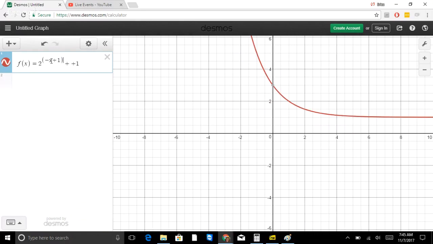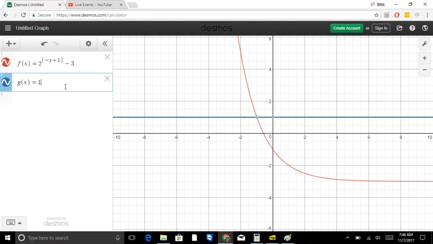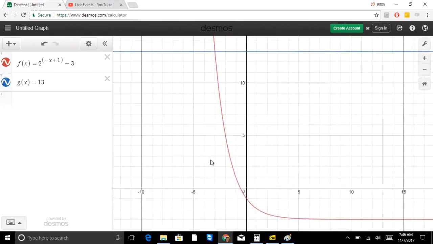Negative x plus 1. There we go. Plus, so make sure, minus 3. So the first thing if you're doing graphing is to make sure you type it in right? 2 to the negative x plus 1 minus 3, and then my g of x equals 13. Okay, that's off my window, so I need just to pull my window out here, right?